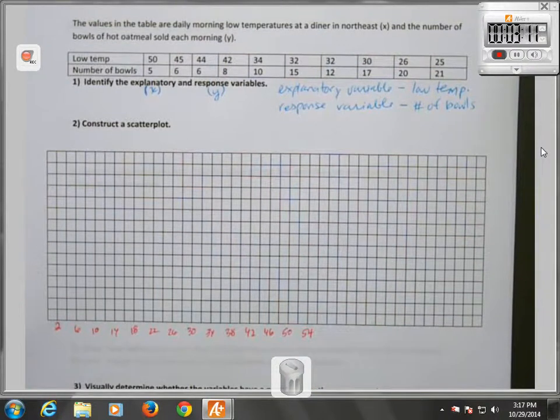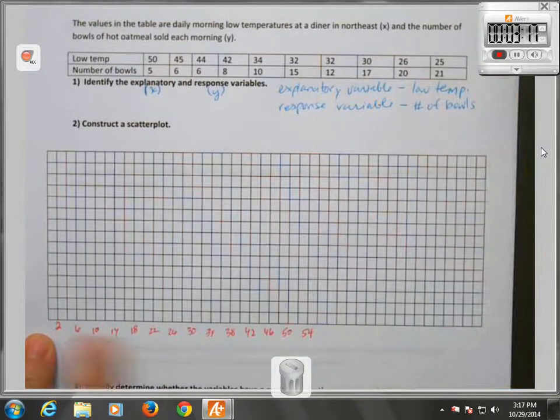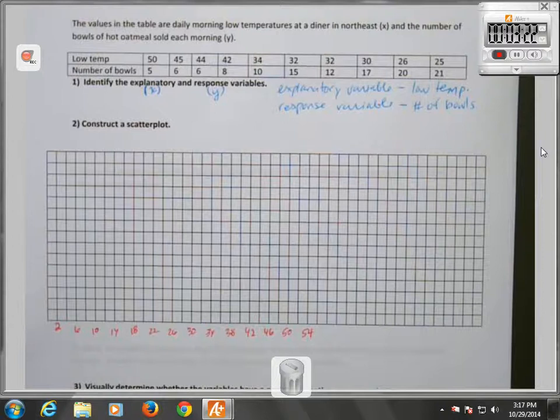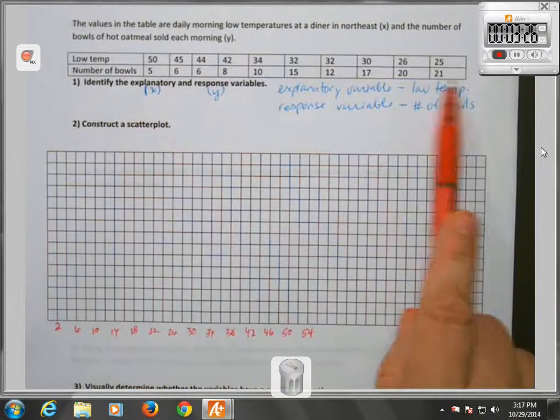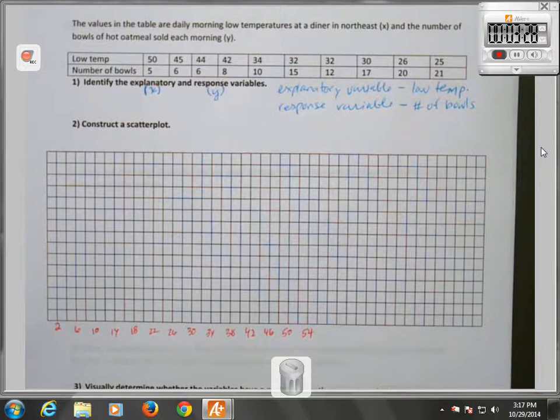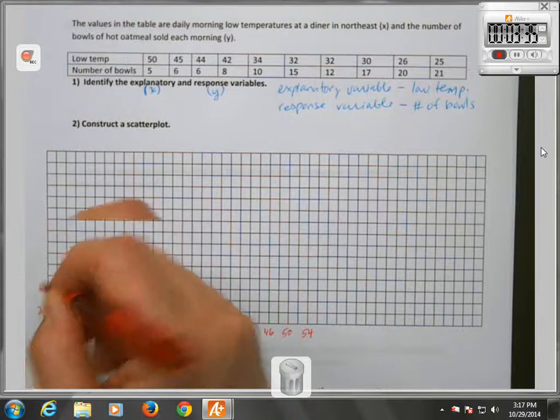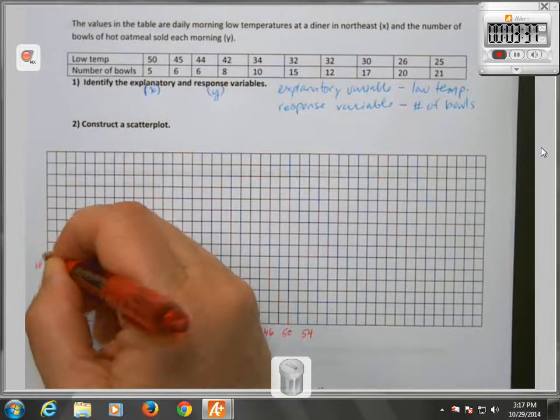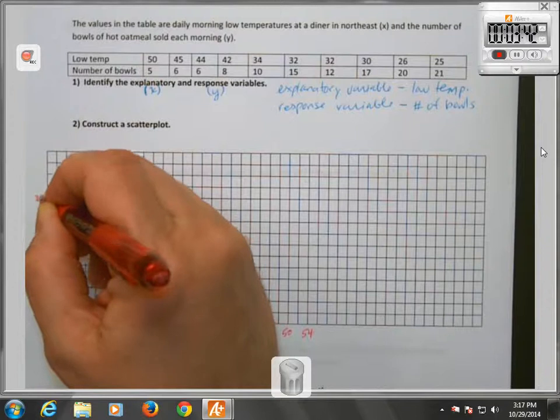We need to make sure that we include all of the data, so that all of the x values fall on this scale. The y values are the number of bowls of oatmeal, and they are very small numbers, going only up to 21. So I can do the same thing and scale it by 2's: 2, 4, 6, 8, 10, 12, 14, 16, 18, 20, 22.